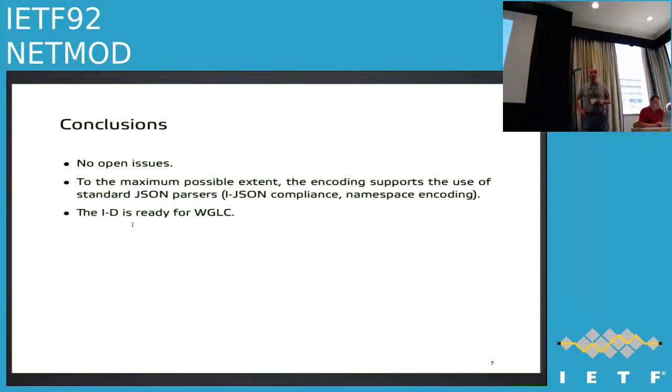It's RFC 7493, if I remember correctly. And the second thing is about that namespace encoding. I believe that this particular way of encoding namespaces is also quite friendly for existing JSON parsers. And therefore, I believe the draft should now be ready for working group last call.